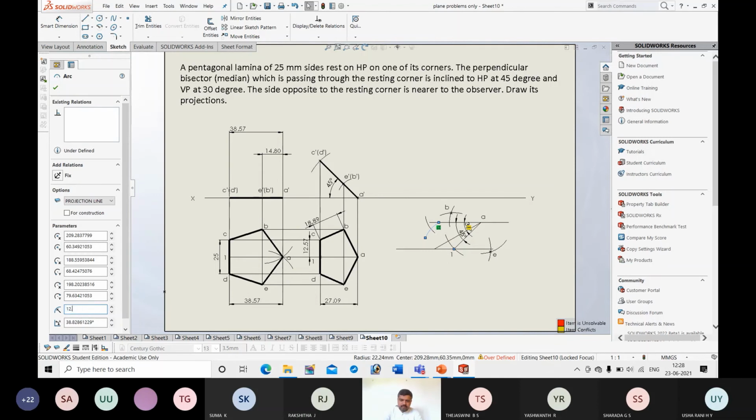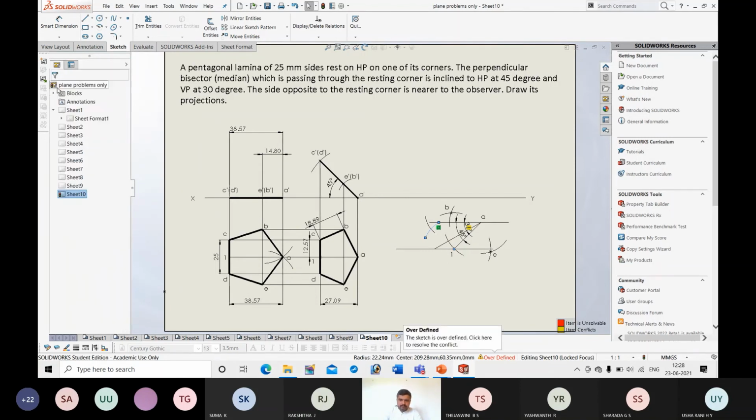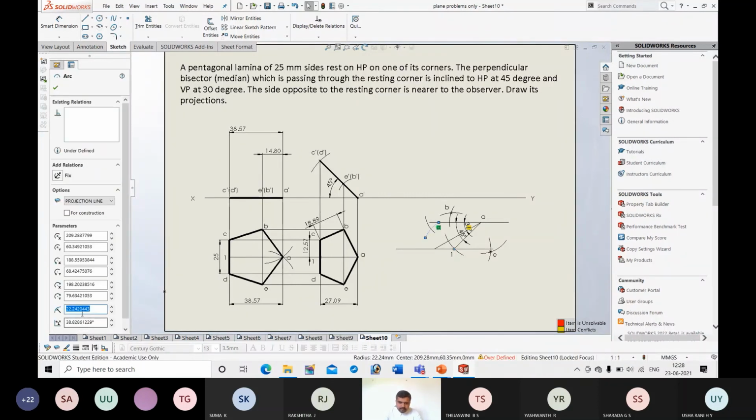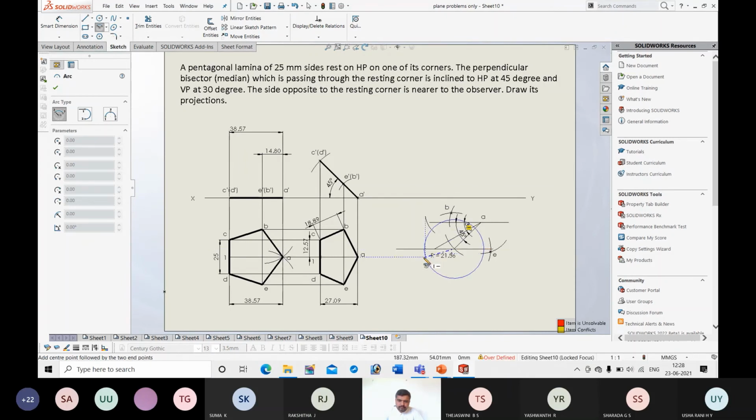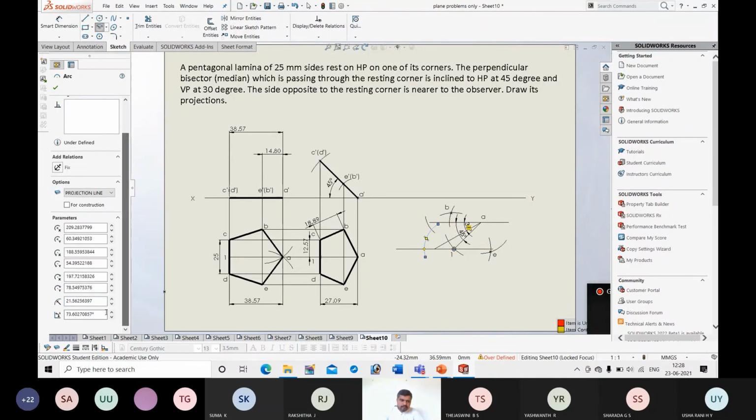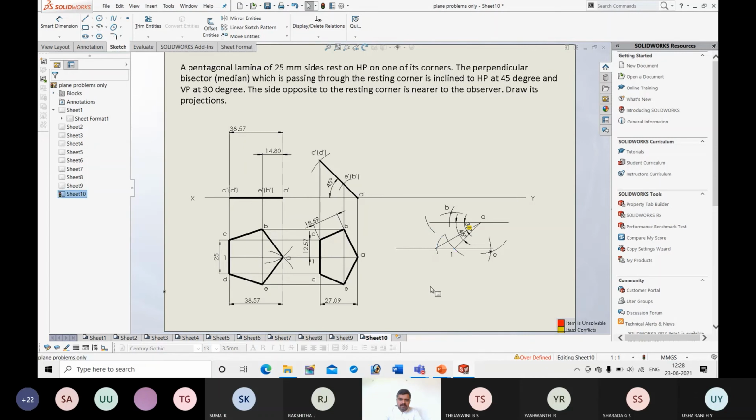Radius will be 12.57. Okay, I will draw an arc and then I will extend this arc. Since it should cut this arc, I will extend it.